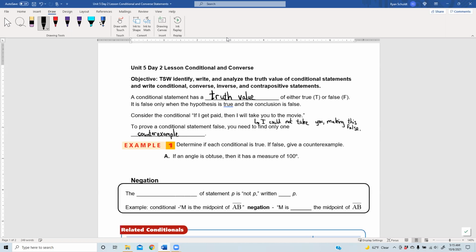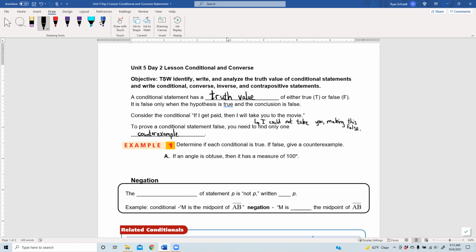They say you didn't clean your room. Yes, I did. No, you didn't. Look, I cleaned my room. I made my bed today. You just tried to find one thing to prove them wrong. That's a counterexample.